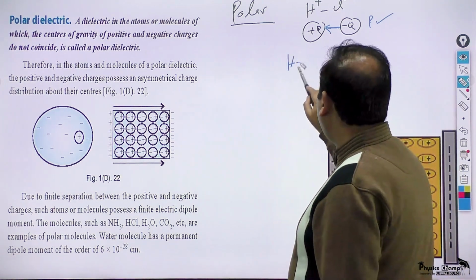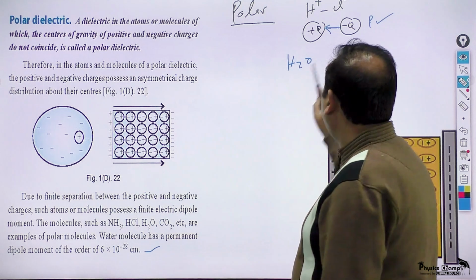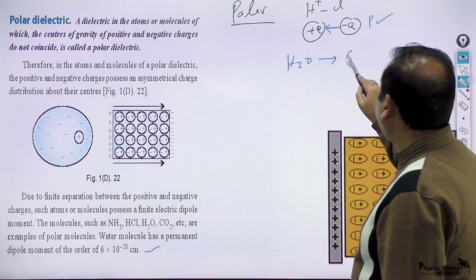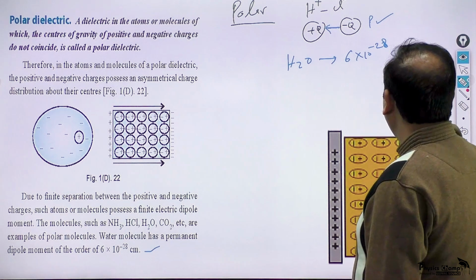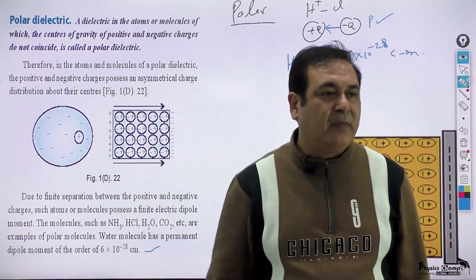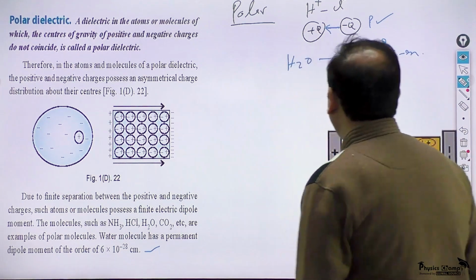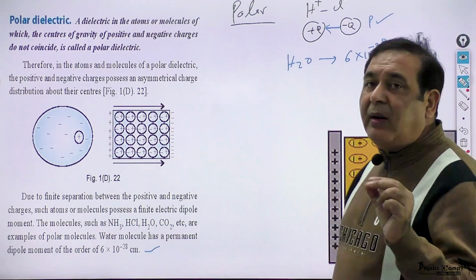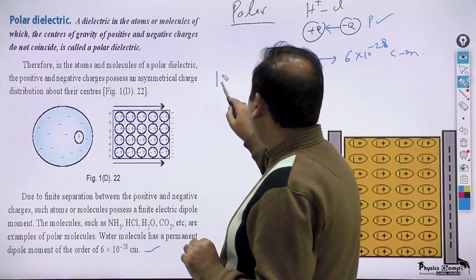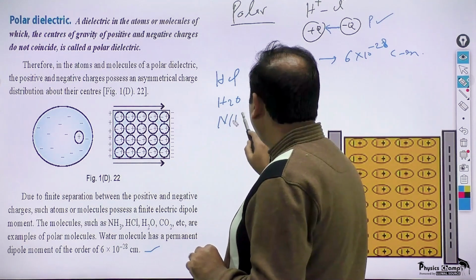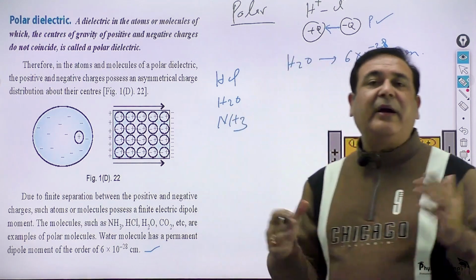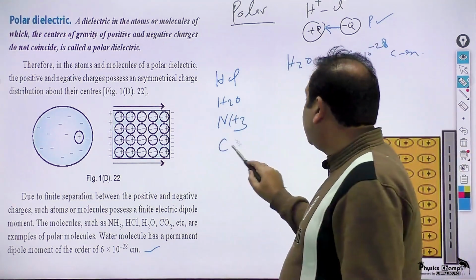Similarly, the water molecule has a permanent dipole moment of 6 into 10 to the power minus 28 coulomb meter. In these polar molecules like HCl, H2O, NH3, a net dipole moment exists all the time.